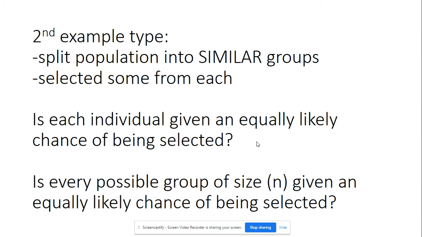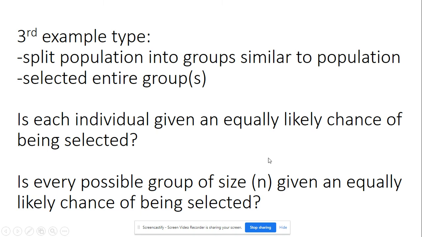So we're still giving an equal likely chance of being selected. Now, is every possible group of 4 people given an equal likely chance of being selected? Could I have gotten 4 adults? In the way I did the sample, could I have gotten 4 adults? Is that a possible sample? Yes. So is every possible way I could group the individuals into that size given an equal likely chance? No, because we ensured there were 2 adults and 2 children.